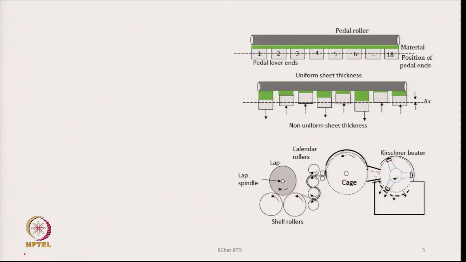Now, why do we have this kind of arrangement? On the right hand side of this slide, what you see here is a cross sectional view of the pedal roller and the pedals. You see here that there are 1, 2, 3, 4, 5, 6 up to 18 pedals. They are basically pedal levers, placed one after the other, and they can work independently.